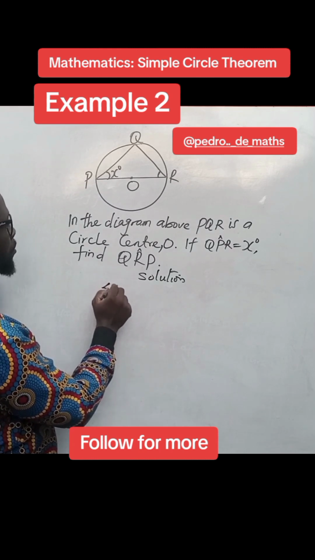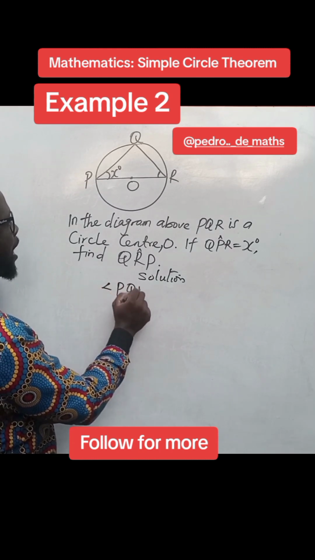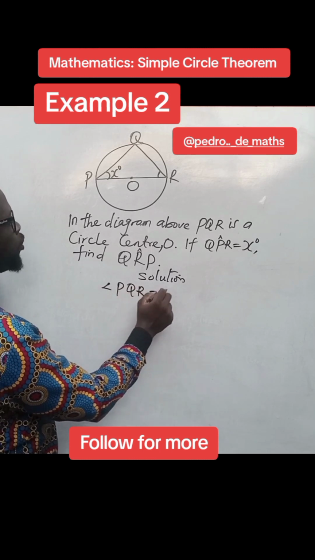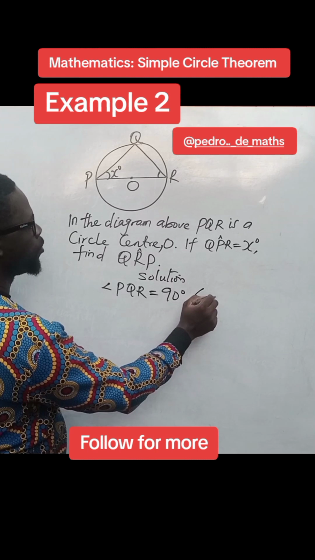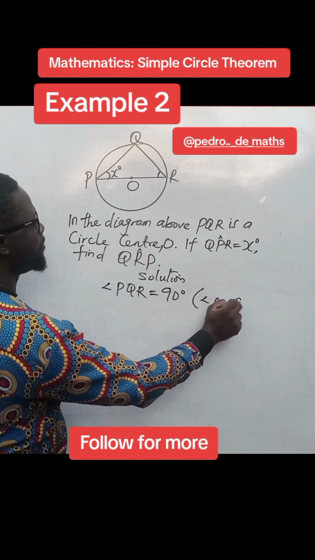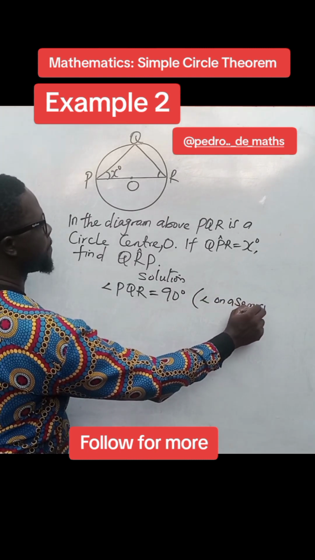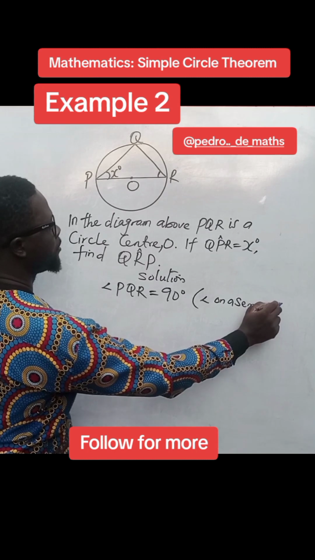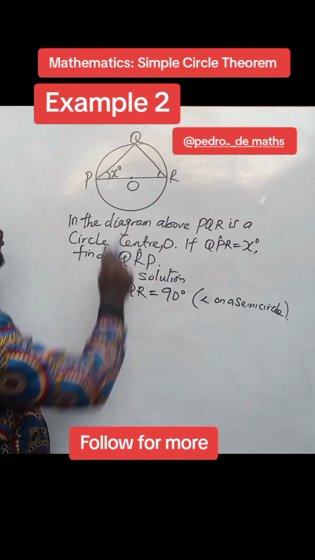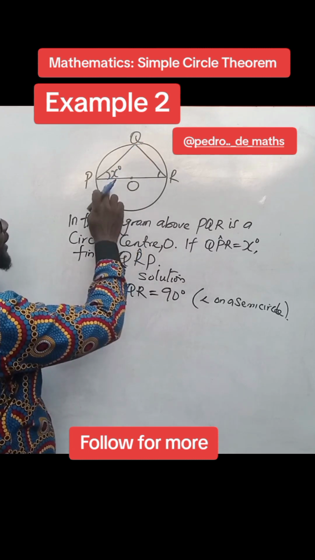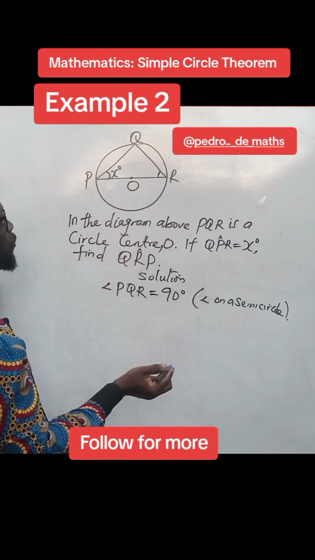Angle PQR is equal to 90 degrees. Reason: angle in a semicircle is 90 degrees. So if here is 90 degrees, and here is x, getting this place is going to be very easy.